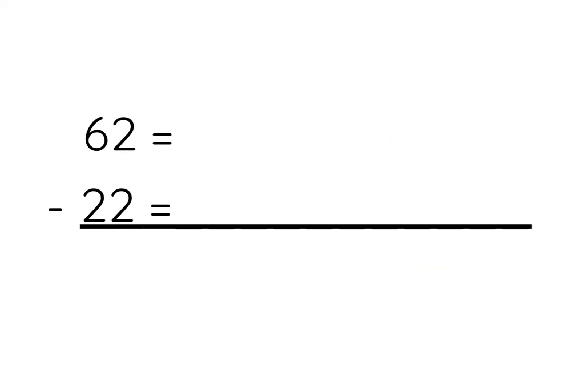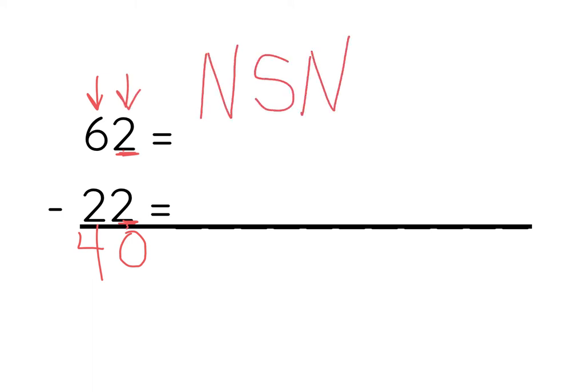62 minus 22. As soon as you read that problem, I hope you notice that we have the same digit, and we know how to subtract and get a 0 if we have the same digit. So we can just subtract each column. To show our work, we can just write NSN.